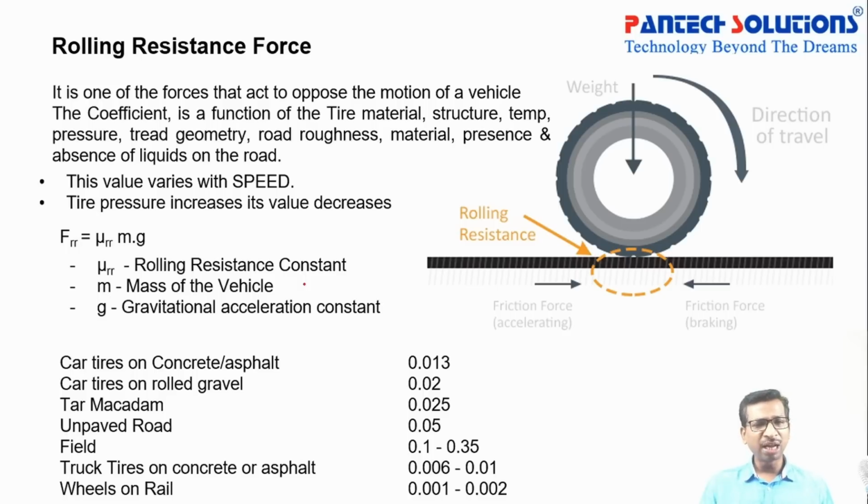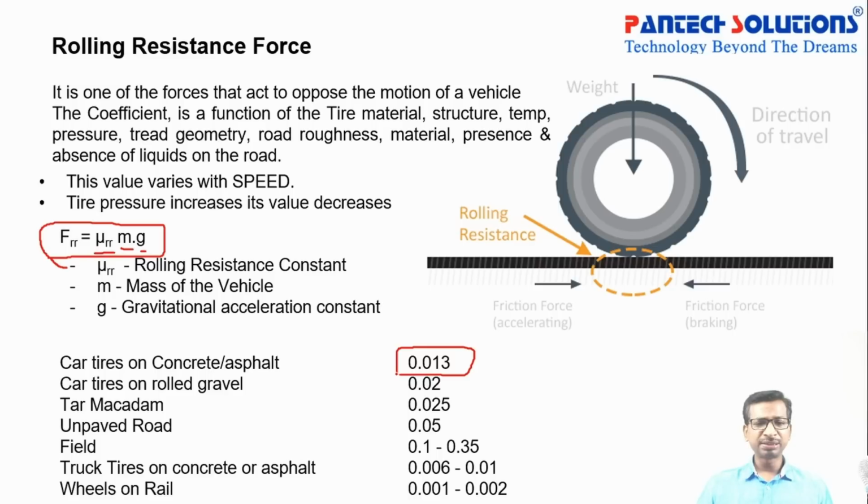Based on this value, that is called mu RR, this is the rolling resistance constant or coefficient. And M is nothing but the mass of the vehicle, and G is the gravitational acceleration constant. Once you know these details, you can calculate the rolling resistance force. A typical value for the rolling resistance constant for car tires on concrete or asphalt is 0.013, right?